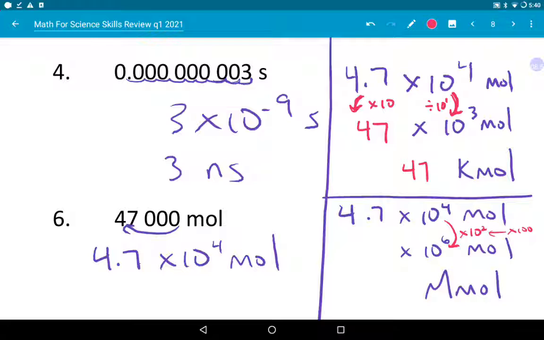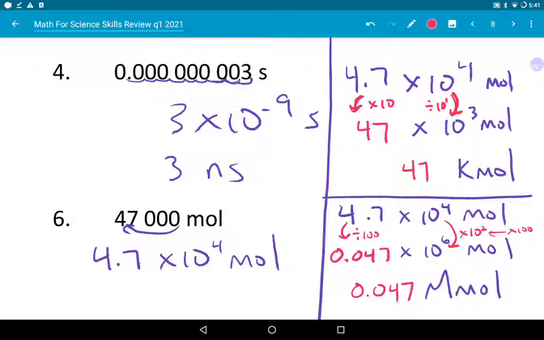So if we times this by 100, we have to divide this by 100, or 10 squared. And so we move the decimal 2 places to the left, and we get 0.047. So it's going to be 0.047 megamoles.